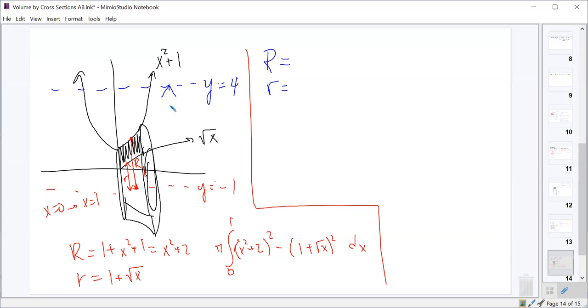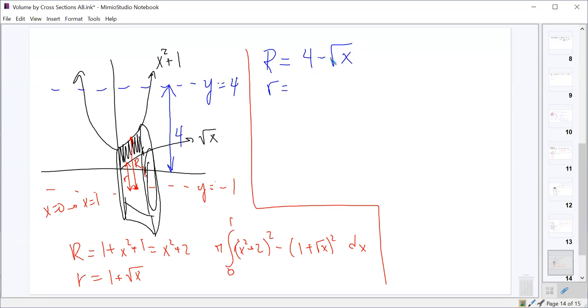The whole distance from here to here is 4, right? But I don't want to go all the way to 4. I want to go to the lower bound of this region, which is how far away from the x-axis? 4 minus square root of x. Right, we should be going to 4 minus the square root of x.